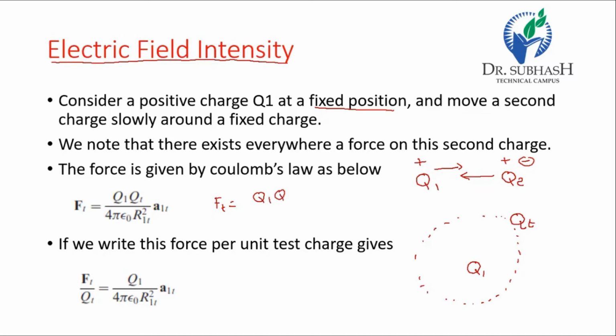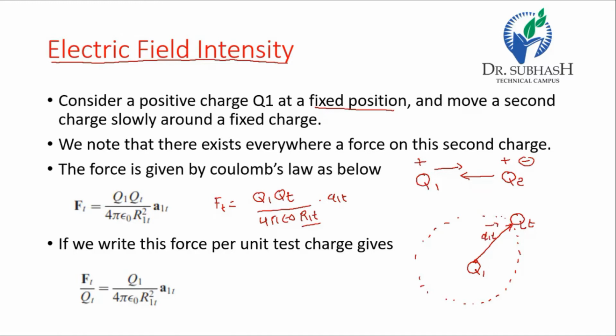Q1 Qt upon 4 pi epsilon 0 R1t square into a1t. Here R1t denotes the distance between the fixed charge and the test charge, and the direction of the force is always from the fixed charge towards the test charge, meaning the a1t direction.